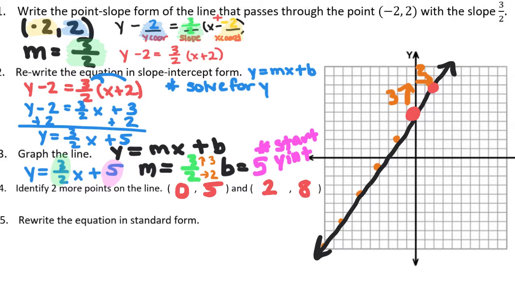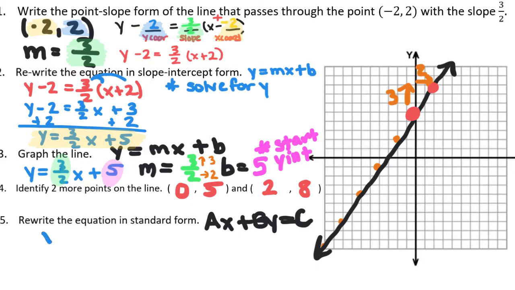And remember that standard form is ax plus by equals c. And so far we're at the point where our equation we have from above is 3/2 x plus 5.